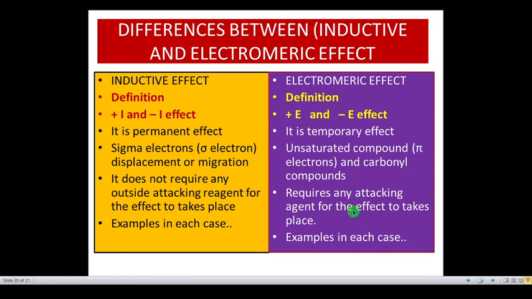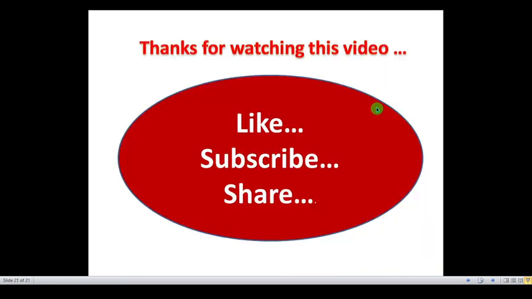An attacking reagent is needed, and only then does this electromeric effect take place. I think I have covered what I was trying to point out about the electromeric effect in this video.